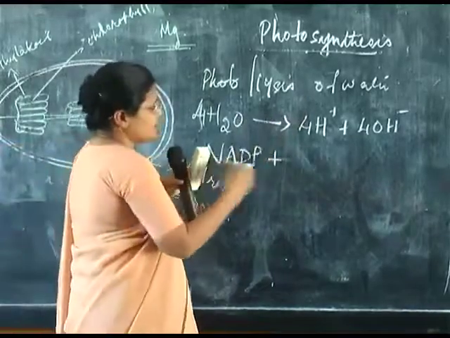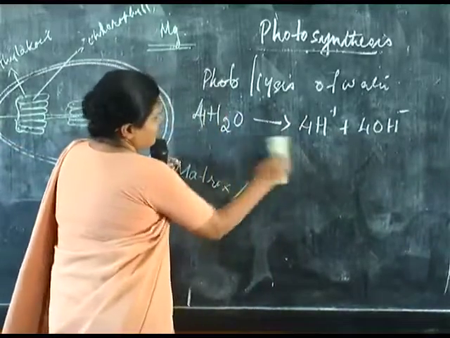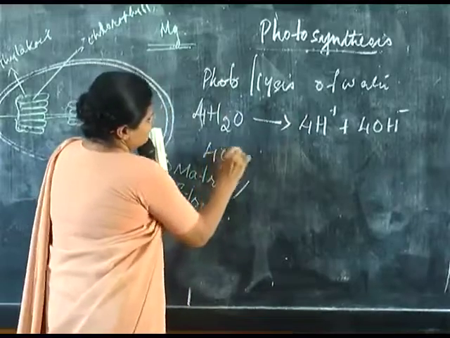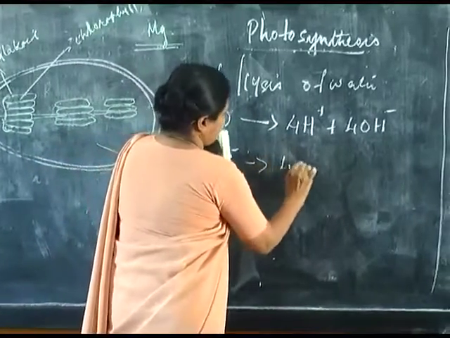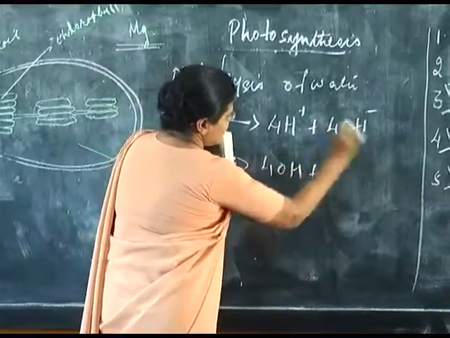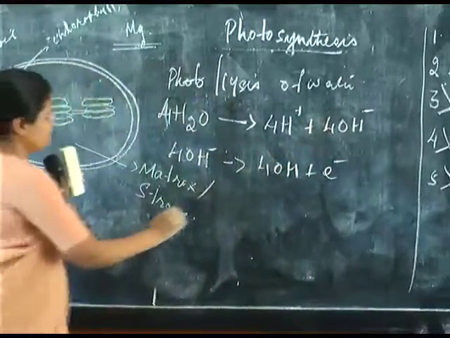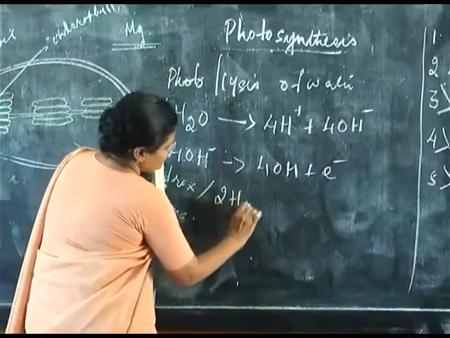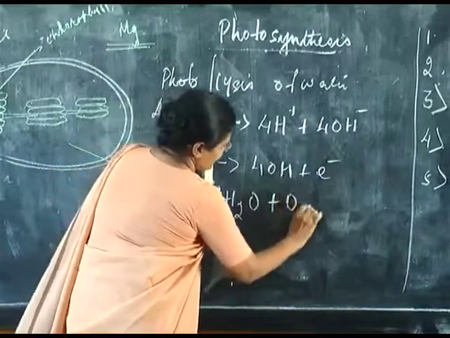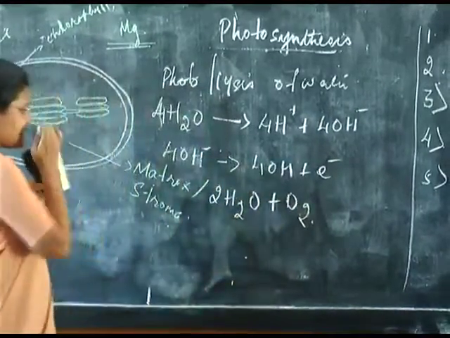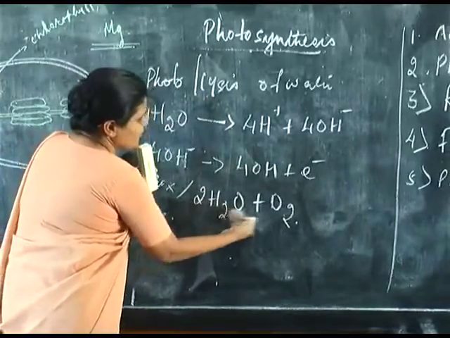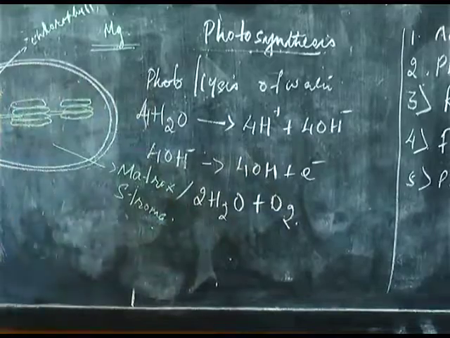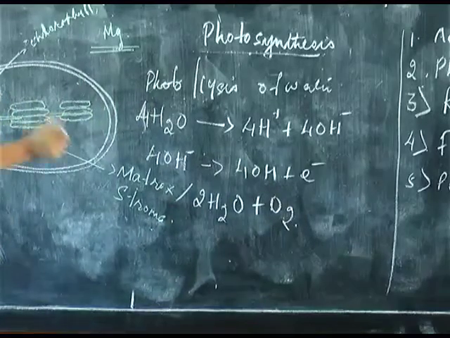This hydroxyl ion releases the electron and gets converted into two molecules of water and oxygen molecules.